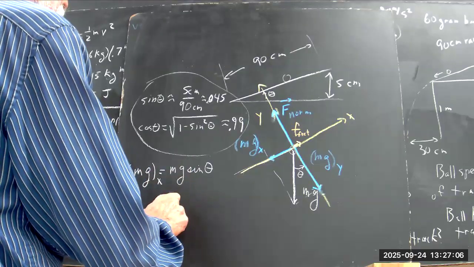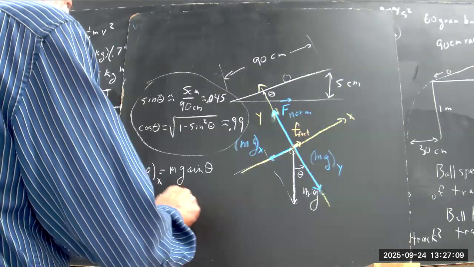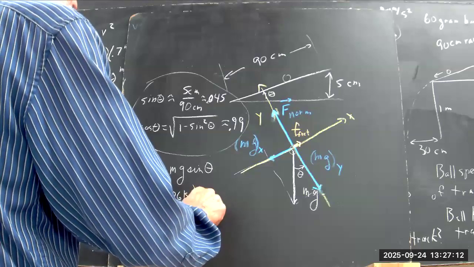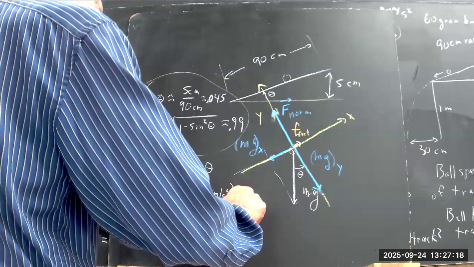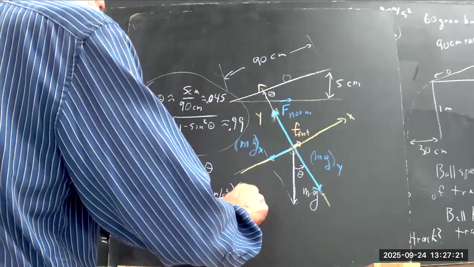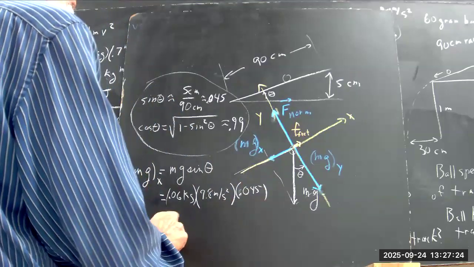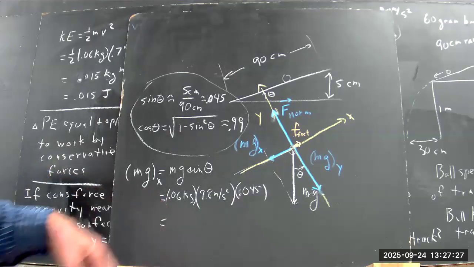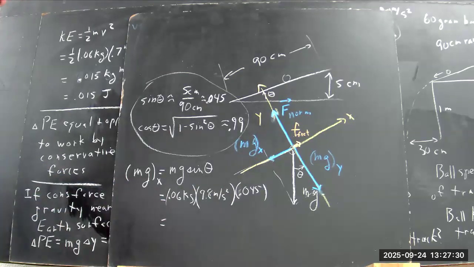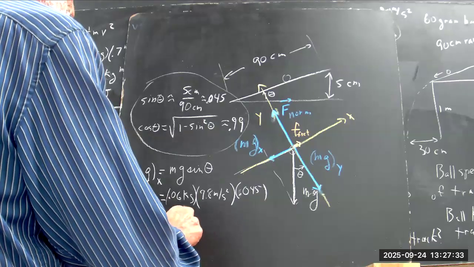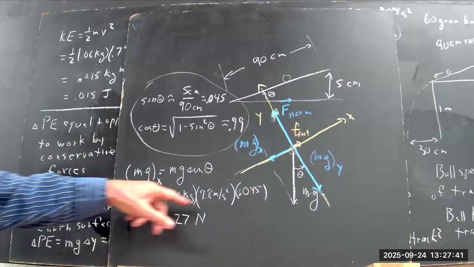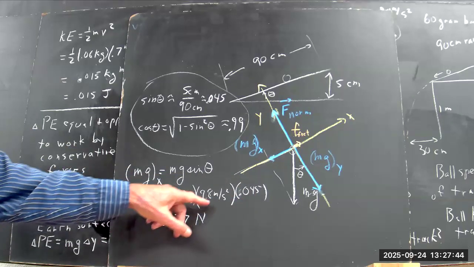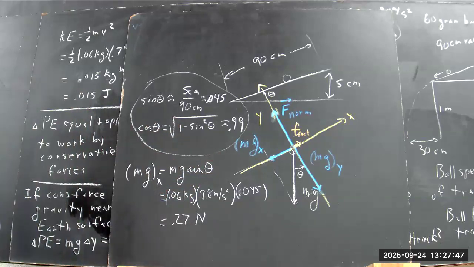Mg is 0.06 kilograms times 9.8 meters per second squared times 0.045 is close enough. Okay, well, that gives you about 0.6, and 0.6 times 0.045 is about 0.27. And I did that quickly in my head, so you want to definitely check it. But that checks out. If that was a half, that'd be 0.03, and you multiply 0.03 by 9, you get 30, or you get 0.3, I'm sorry.